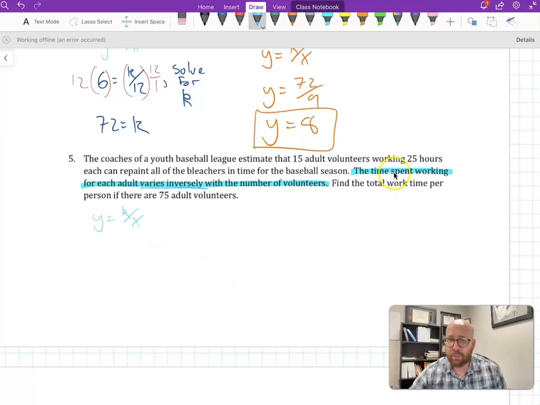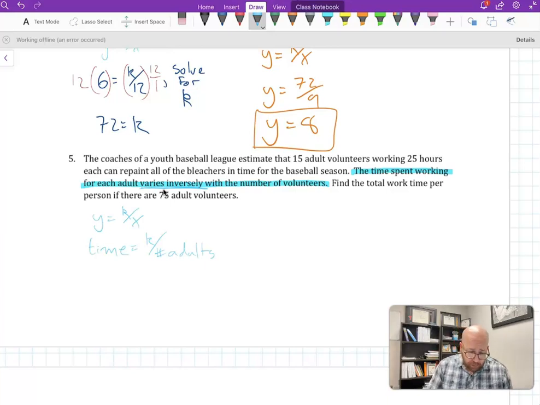So time is equal to k over the total number of adults.